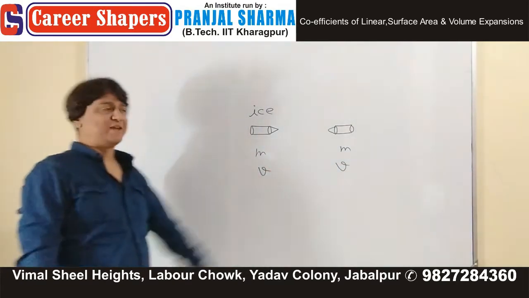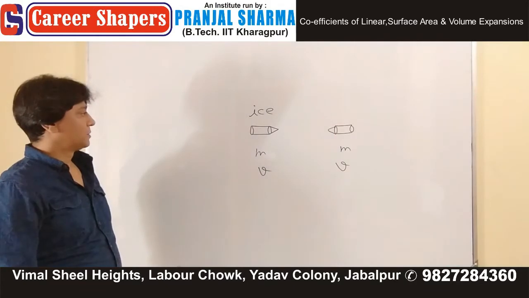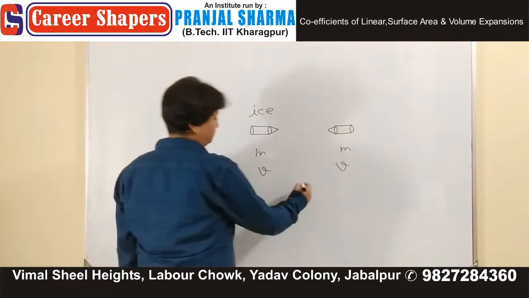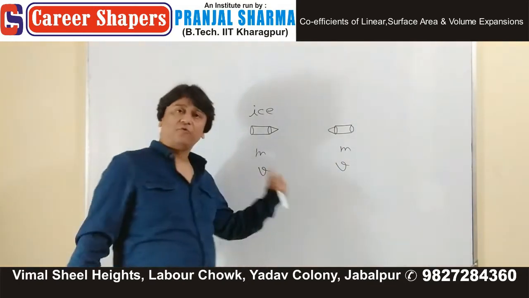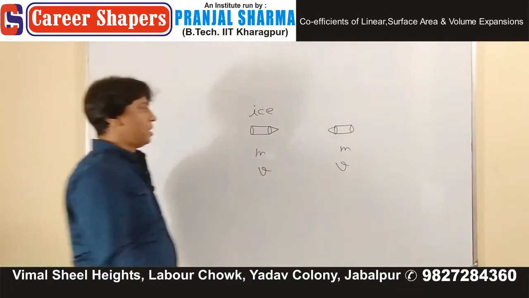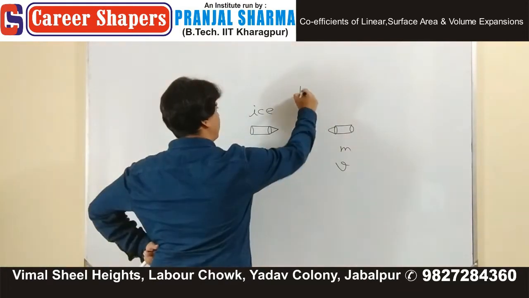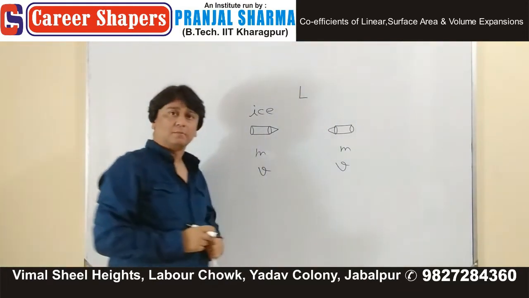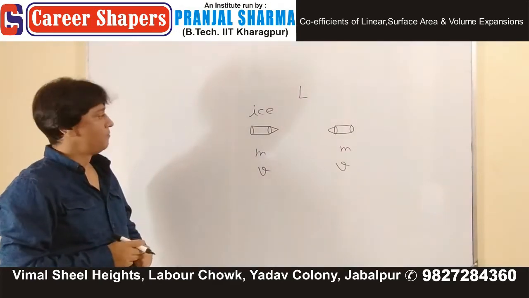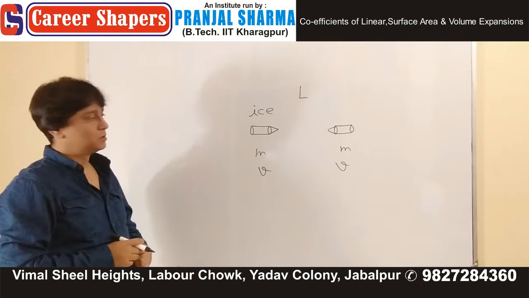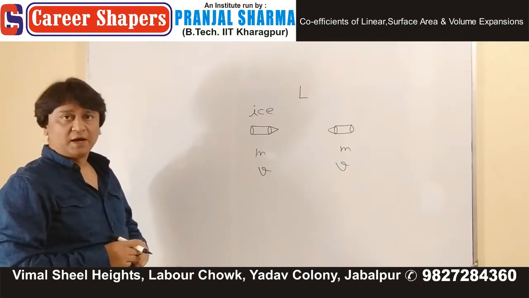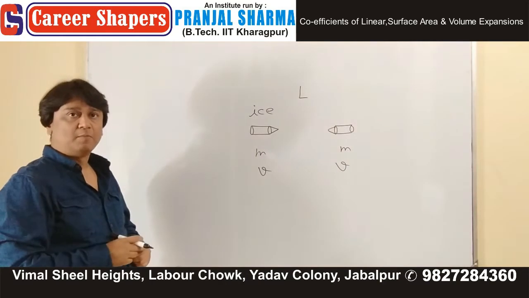Both are moving with the same speed v, such that it's a perfectly inelastic collision. If the latent heat of the ice-water system is L, then find out after collision how much ice in total melts.